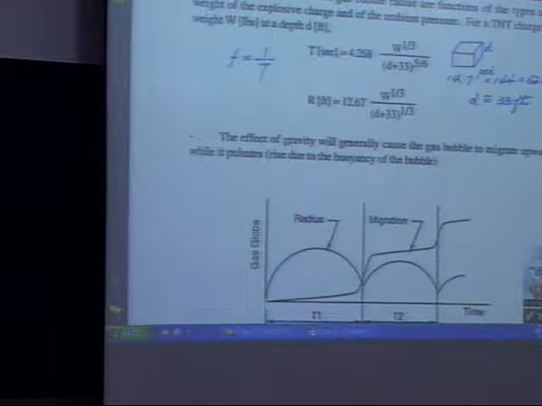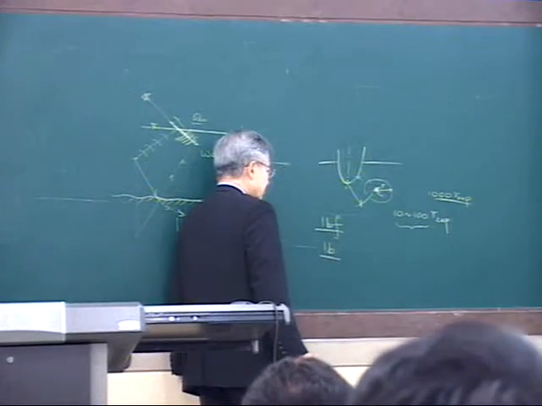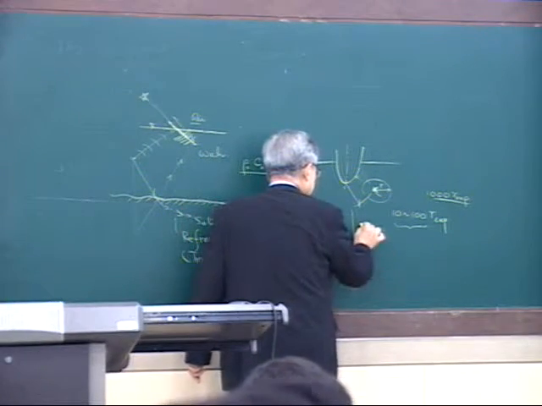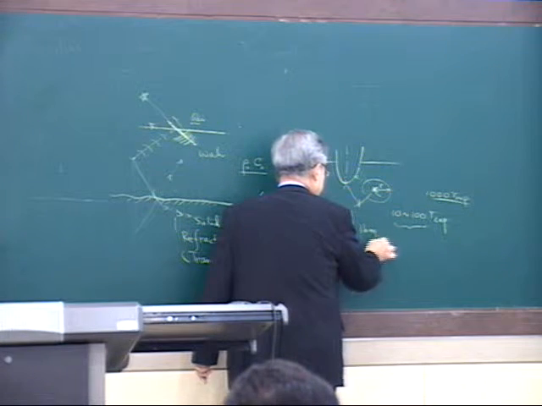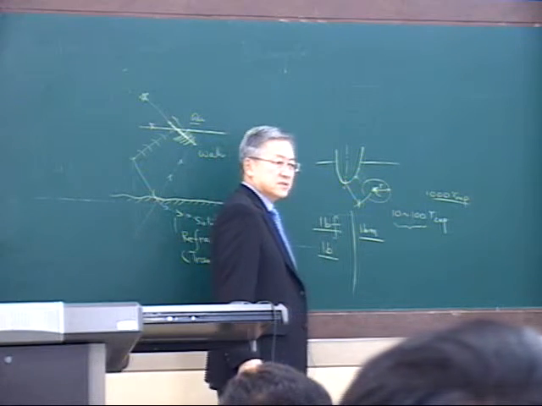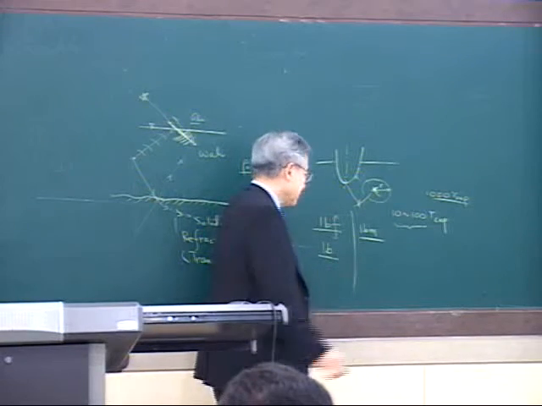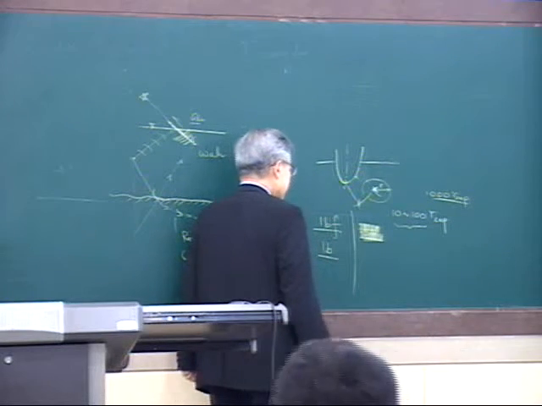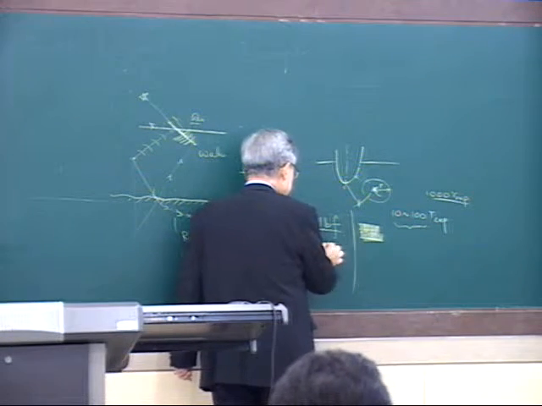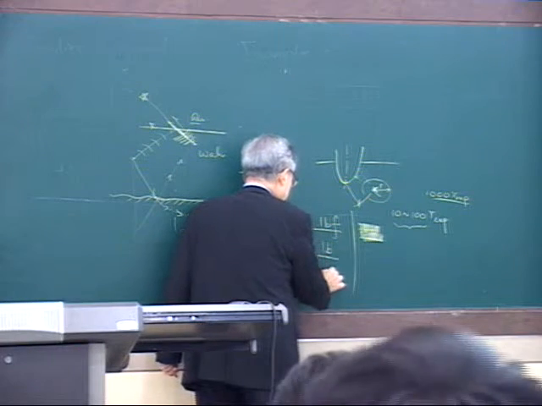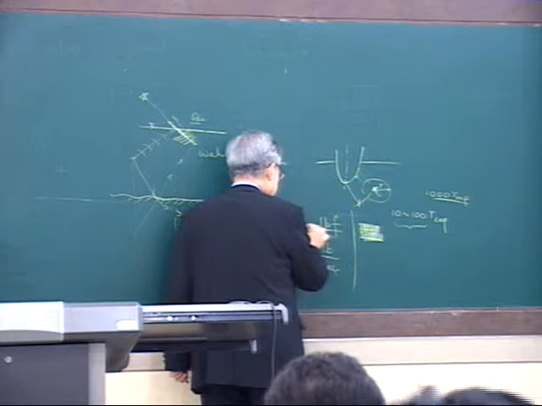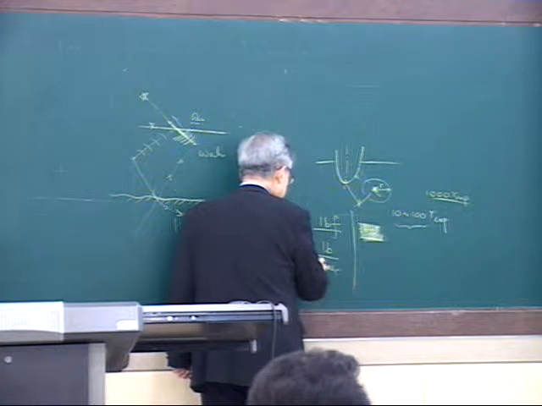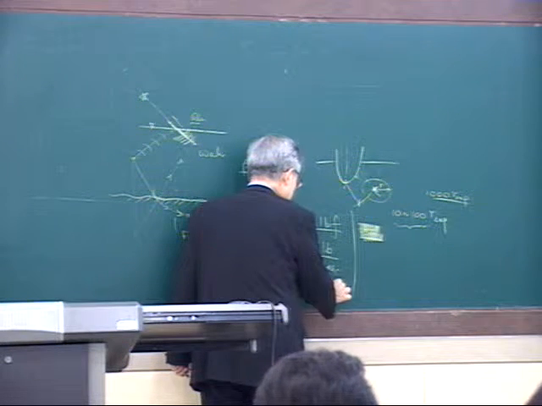So pound force, and don't use pound mass here. It's confusing, so I don't use this. For the US gravitational unit, I'm using this, and of course this is mass, the weight, and this is time.